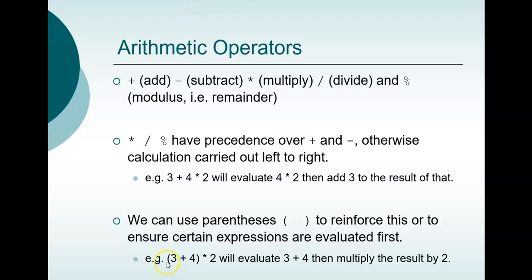So here we have 3 plus (4 times 2) in brackets, hmm, rather (3 plus 4) times 2, which means we want 3 to be added to 4 before multiplying by 2. Without brackets, 4 will be multiplied by 2, then added to 3. So if you want to force the order of operation, you can use parentheses to force the order in which the expression is evaluated.